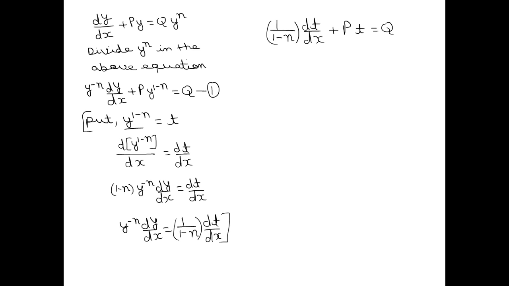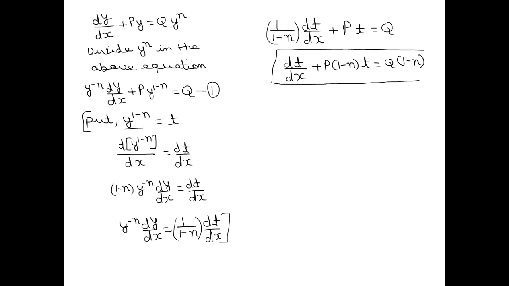Multiply by 1 minus n, and you will get dt by dx plus p into 1 minus n into t equals to q into 1 minus n. This is nothing but a linear differential equation form.